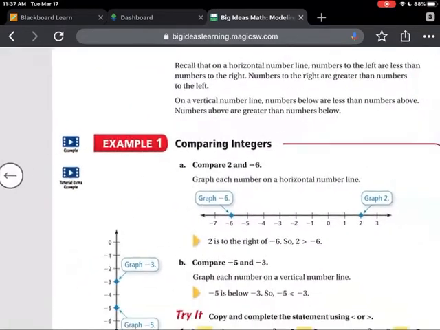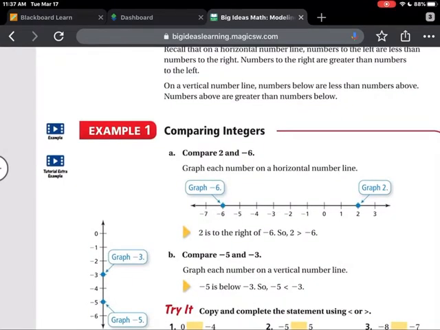Or like on B here, -5 and -3. So which is bigger? Well, -5 is to the left of -3. So -5 is less than -3. Okay, so that is what it's showing here. And really, graphing these on a number line is a great way to get to know negative numbers.